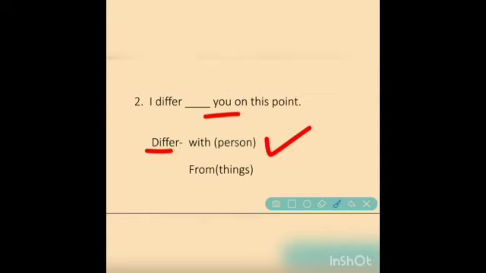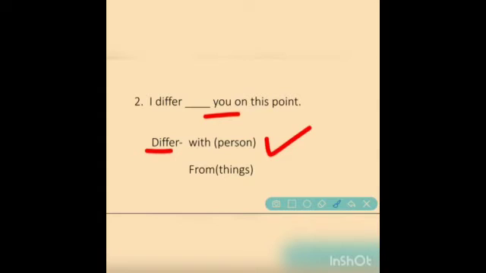Now I said that sometimes differ is followed by in. So let me give you another example for in. The two chapters differ in only one respect.